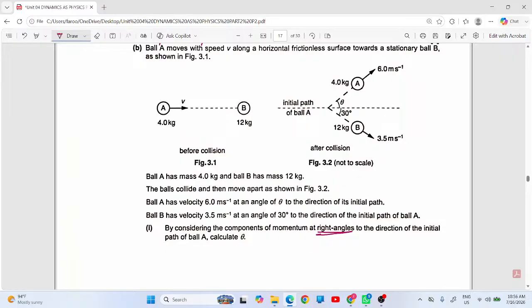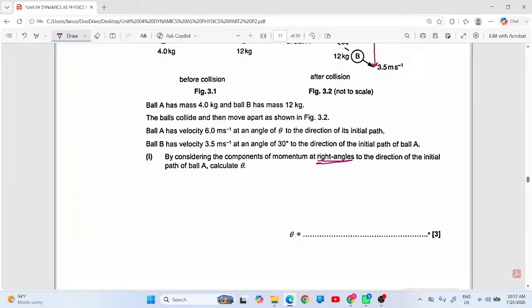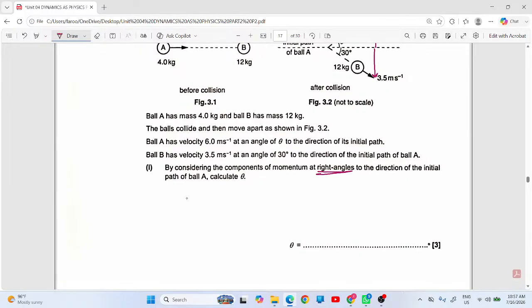कौन सा कंपोनेंट ले रहे हैं? बात हो y वाले कंपोनेंट की. Y component, ये ऊपर जाएगा, ये नीचे. Okay? And initially their y components are 0. So before collision, the y component is zero.